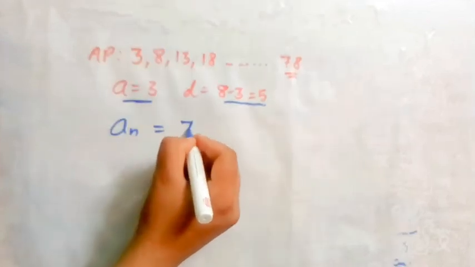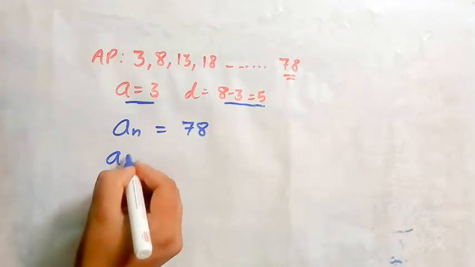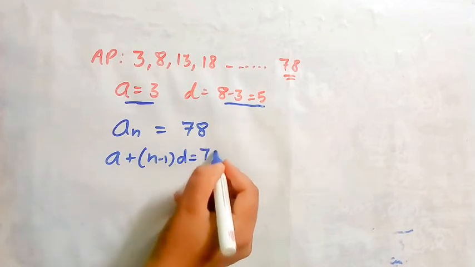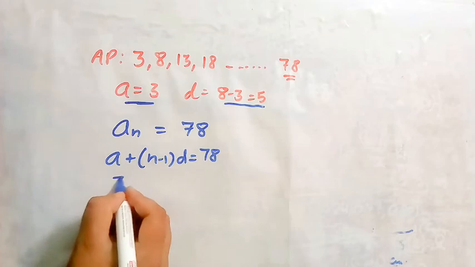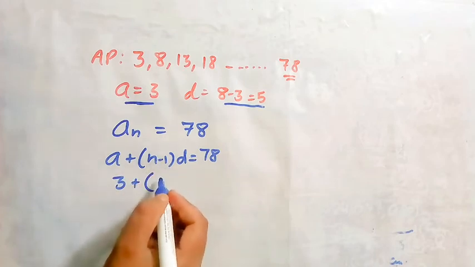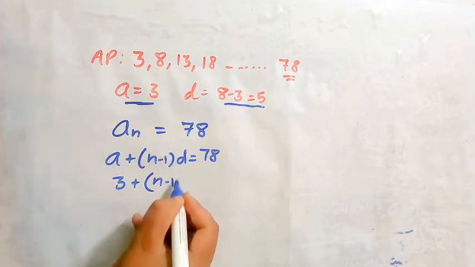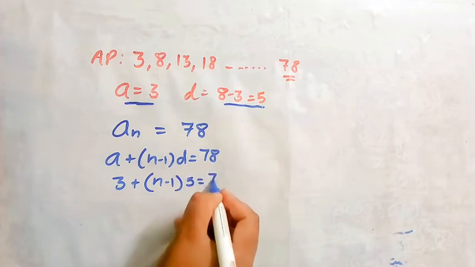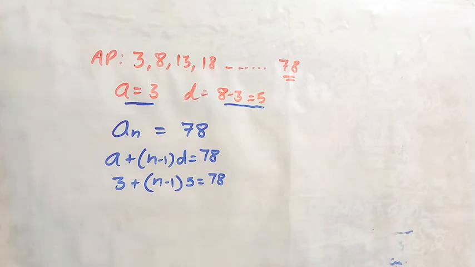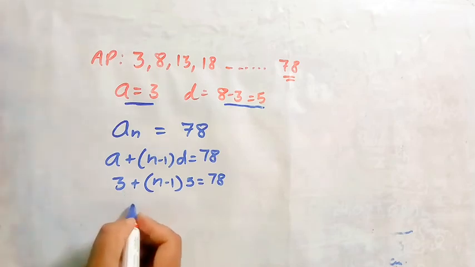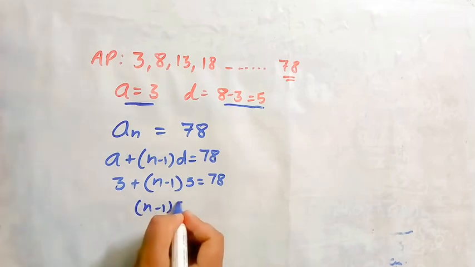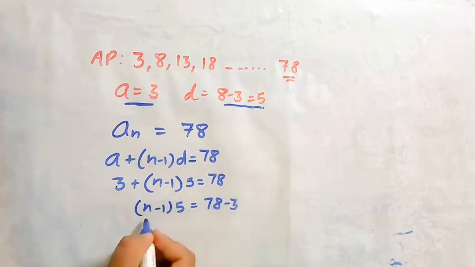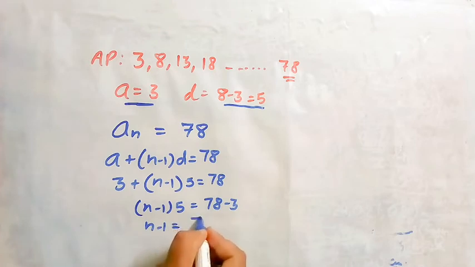So we know that nth term is given equals to 78 and the formula is A plus (n minus 1) into D equals to 78. Here n is the number of term. So we have to find out n. So replace the values. 3 plus (n minus 1) into 5 equals to 78. Take 3 to the right side. (n minus 1) into 5 will be 78 minus 3, which is equal to 75.